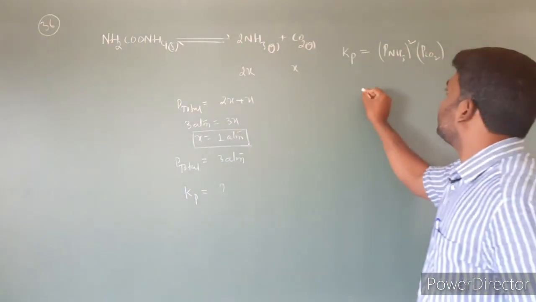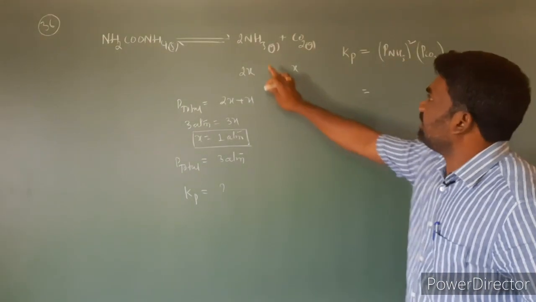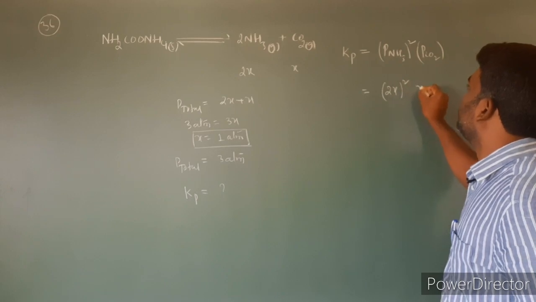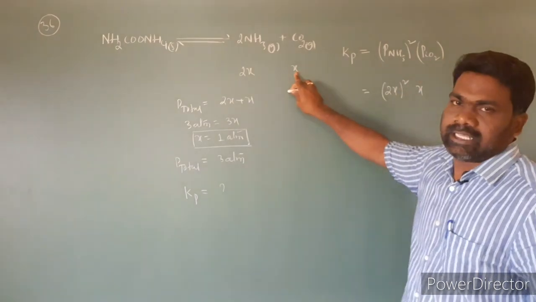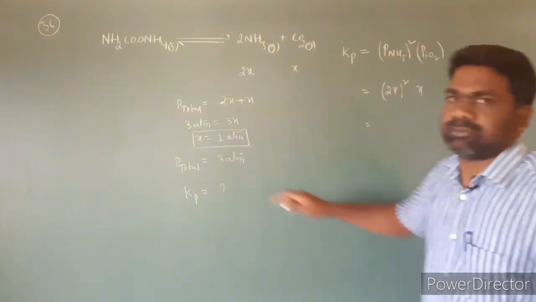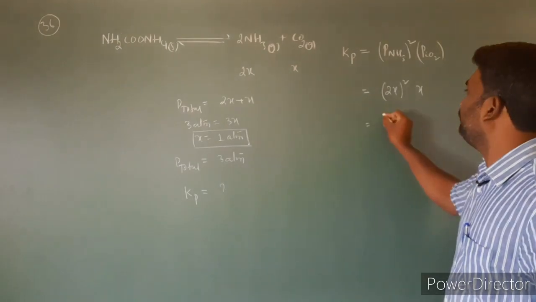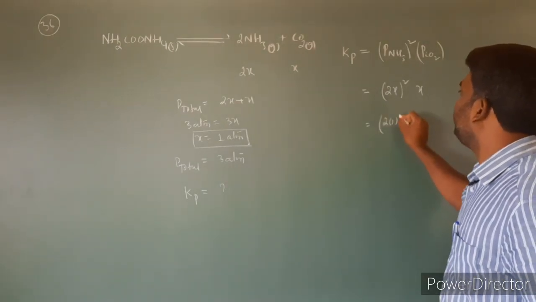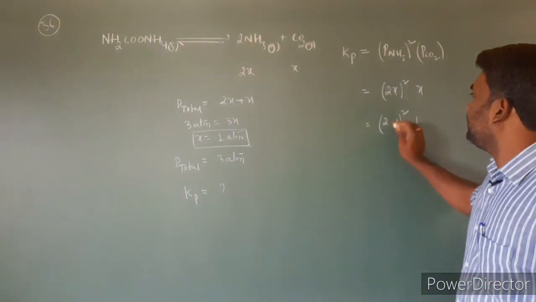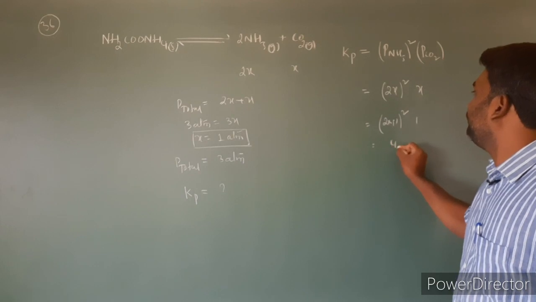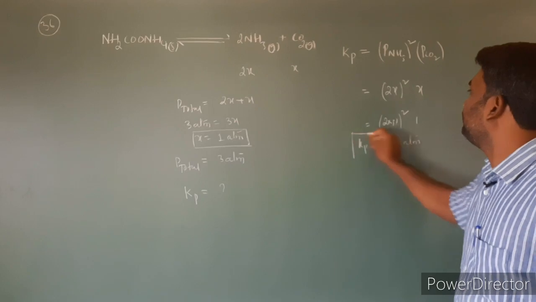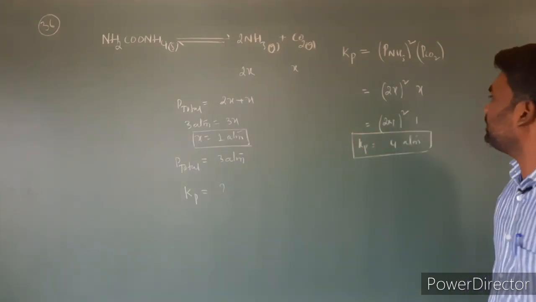NH3 is 2x, so 2x power 2, and CO2 is x. Since x is equal to 1 atmosphere, that is 2 into 1 power 2 into 1, which is equal to 4 atmosphere. Kp is equal to 4 atm.